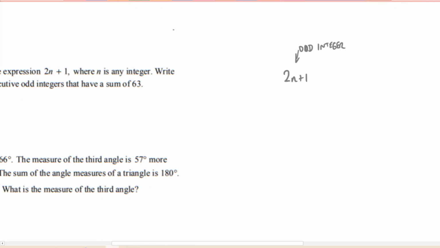If my odd integers are 1, 3, 5, 7, 9, to get to the next odd integer, I just need to add 2 to the previous one. So the next odd integer is going to be 2n plus 1 plus 2. So it's the previous odd integer, 2n plus 1, plus another 2. And then what's the odd integer after that? Well, instead of adding 2, I'm going to have to add 4.